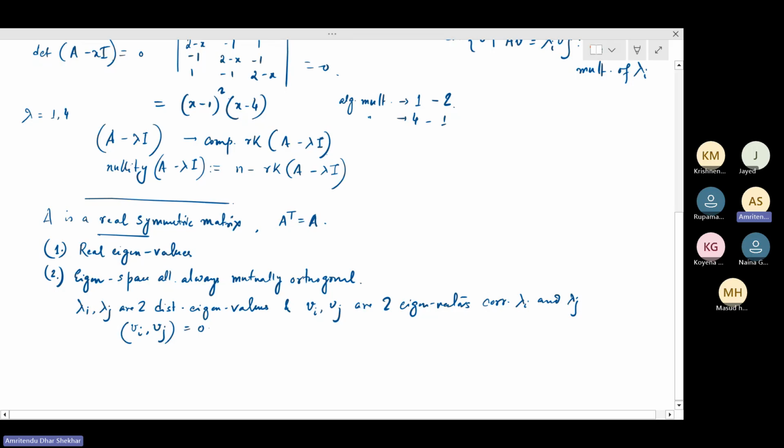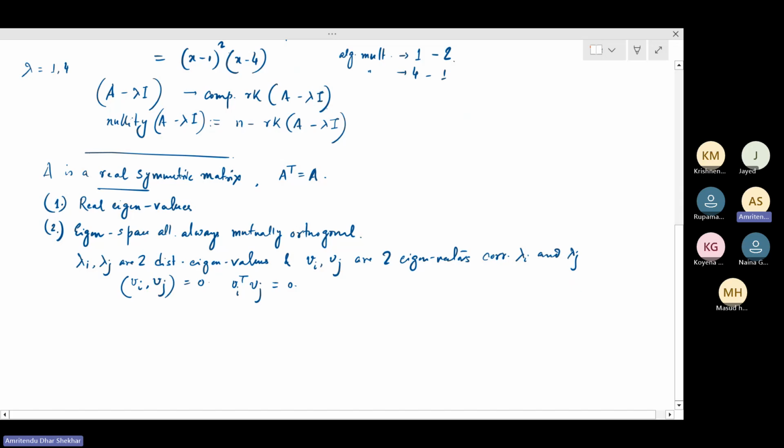Or write them in standard coordinates, then vi transpose vj is equal to 0. Okay, this is the second point.